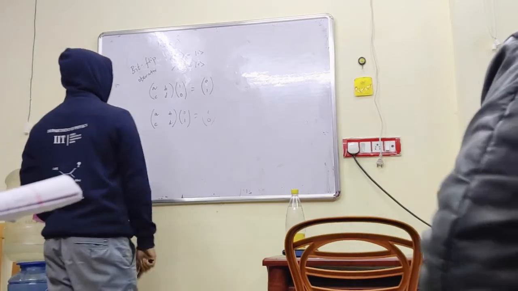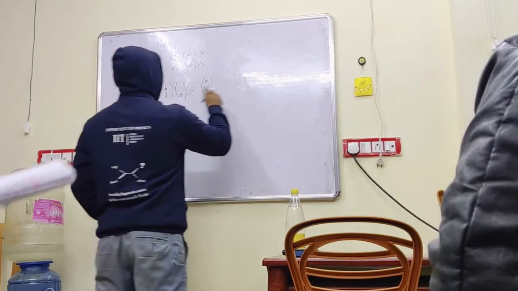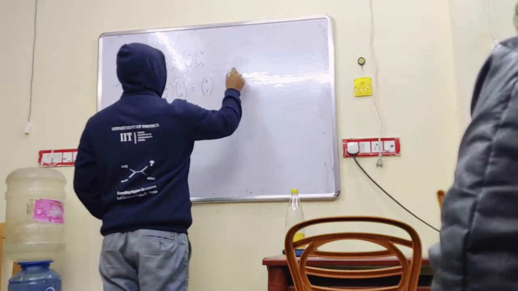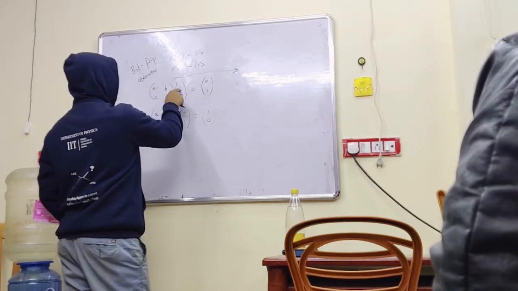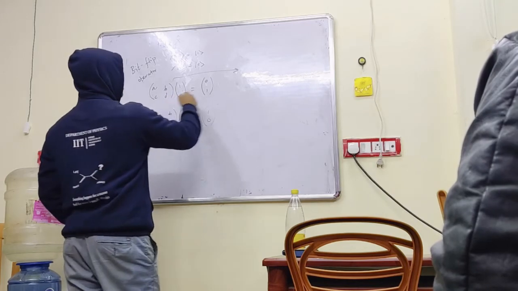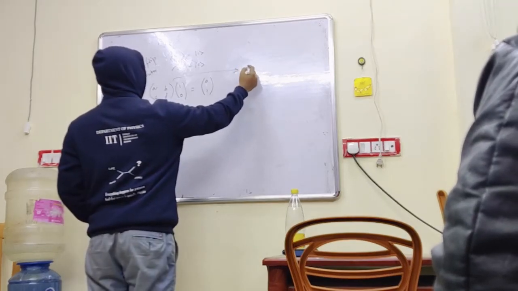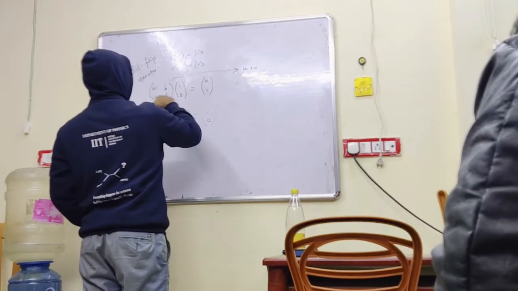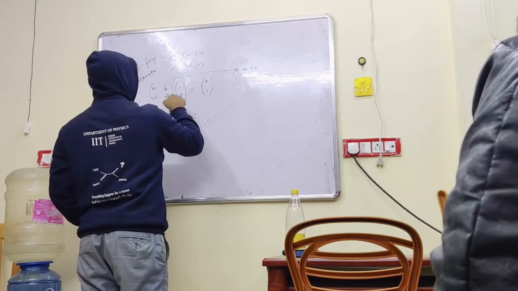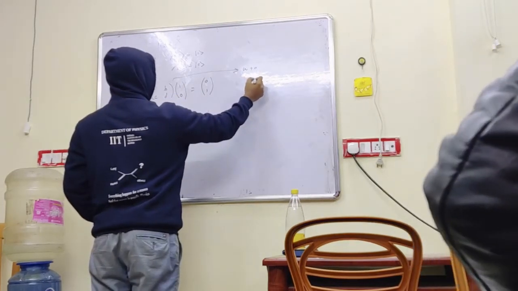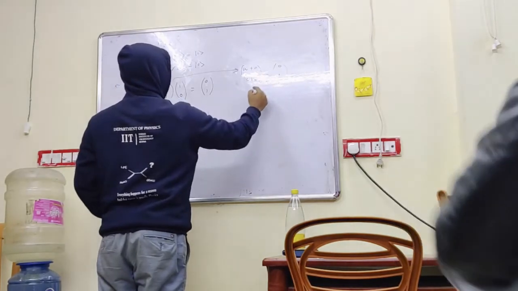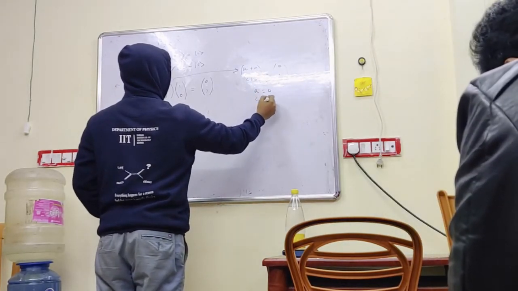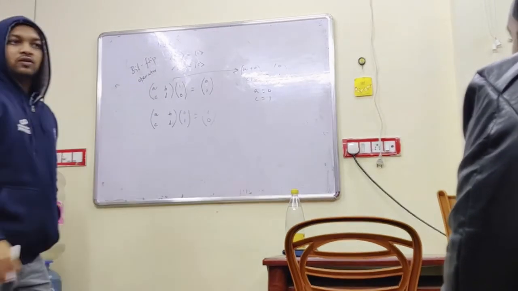That means A acting on 1, 0: A plus 0, C plus 0. This means A equals 0, C equals 1.